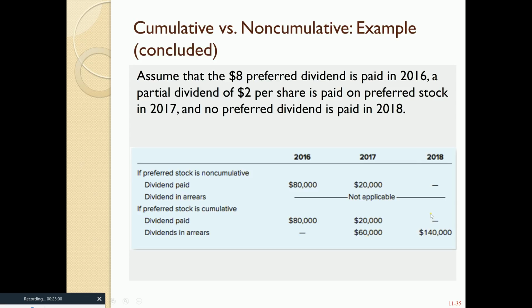In the next year, we paid out $0. So after 2 years, we owe $60,000 carried forward from 2017 plus the full $80,000 for 2018. That is $140,000, and it's going to continue to get carried forward until they are paid out fully. Only up to that point will the common shareholders actually have any chance of getting a dividend.